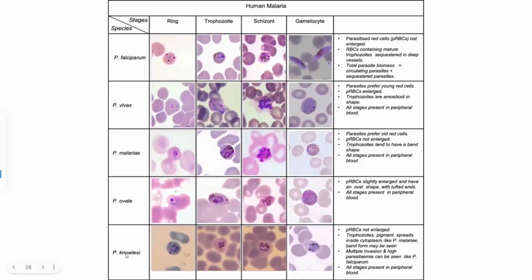Now, knowlesi, we didn't talk about yet, or I mentioned it briefly, but that's the one that mostly infects primates. That's going to look a lot like falciparum. With Plasmodium vivax, you're going to see enlarged red blood cells and amoeboid-shaped trophozoites. So different types of features are laid out, and you can read here to see those differences.